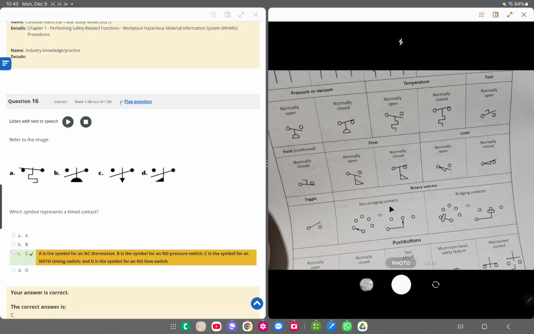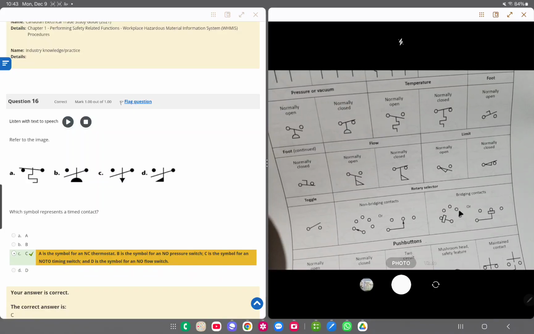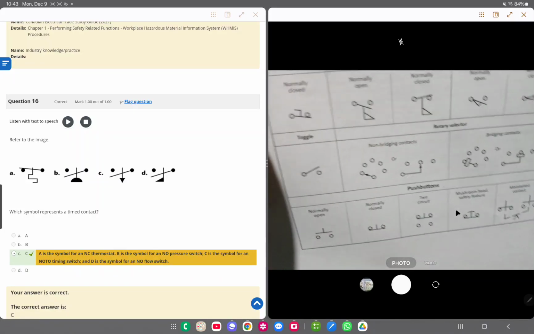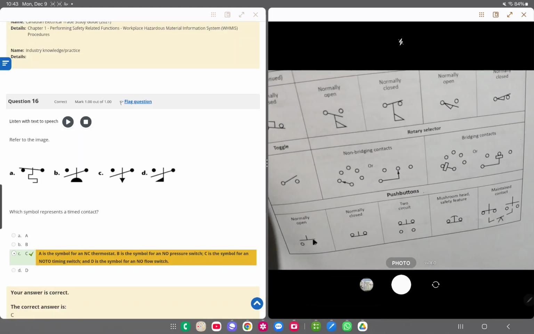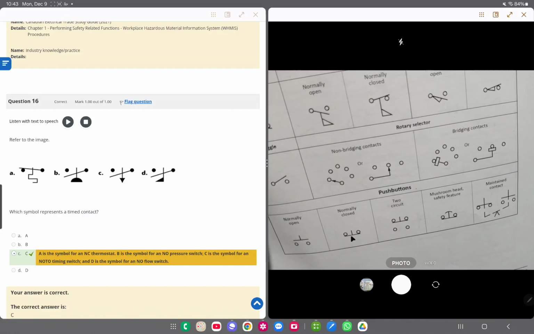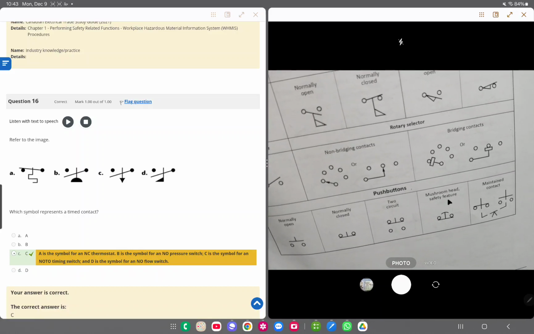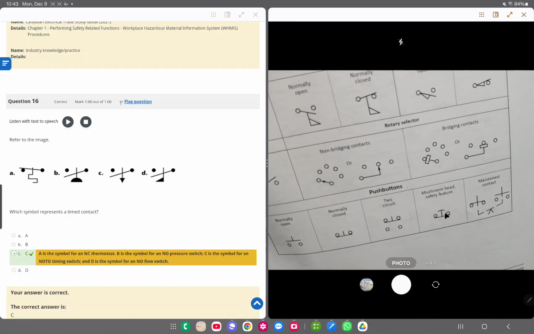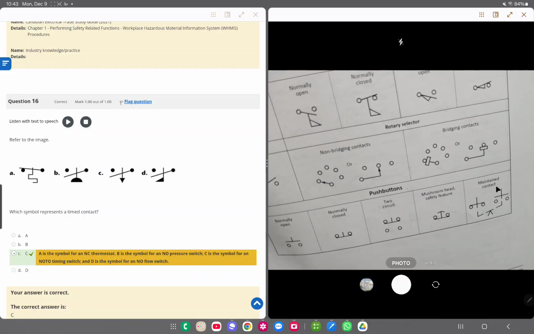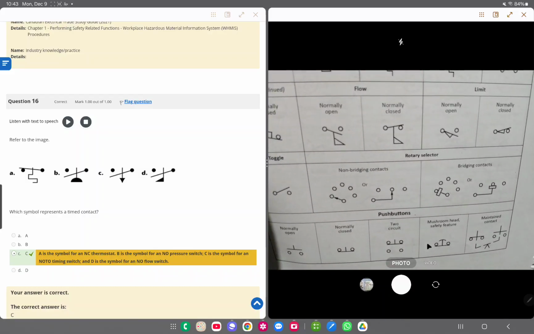We have non-bridging contacts and bridging contacts. We have push buttons: a normally open push button, and normally closed with the line above the contacts. We have a two circuit, mushroom head safety feature, which is almost like an emergency stop, and maintained contact. Interesting.